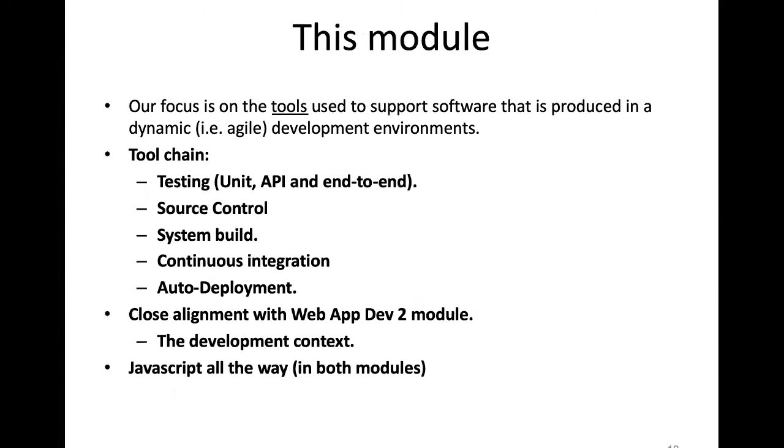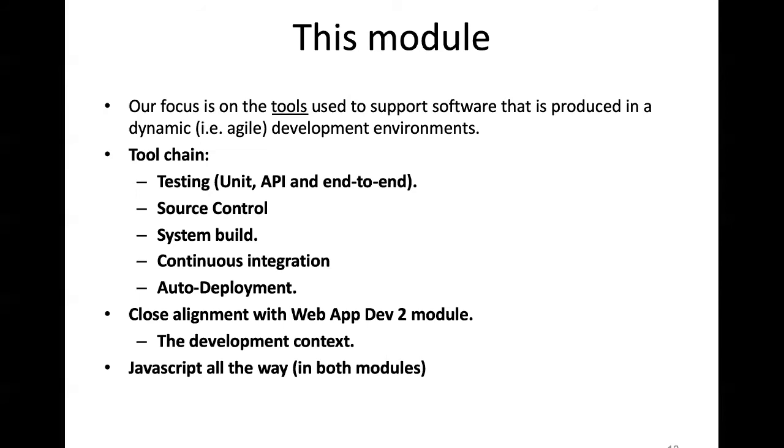What this module is all about is focusing on the tools that are essential for an agile development lifecycle, because an agile development lifecycle is a very dynamic environment, and we need ways of controlling essentially the code base for your application. And I'm listing here the different tools that I would like to cover in this module.